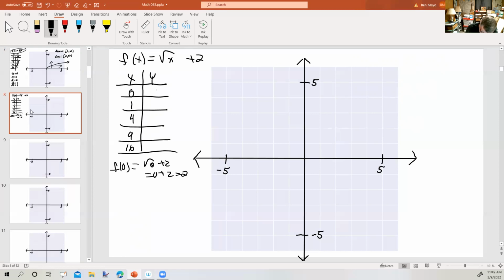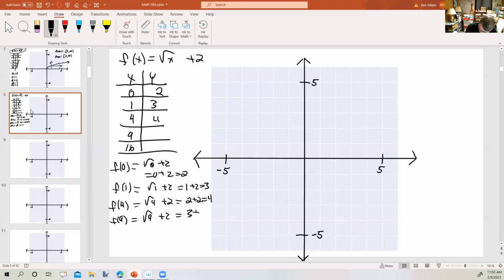f(1) would be the square root of 1 plus 2, which is 1 plus 2, which is 3. f(4) would be the square root of 4 plus 2, which is 2 plus 2, which is 4. f(9) is the square root of 9 plus 2, which is 3 plus 2, which is 5.